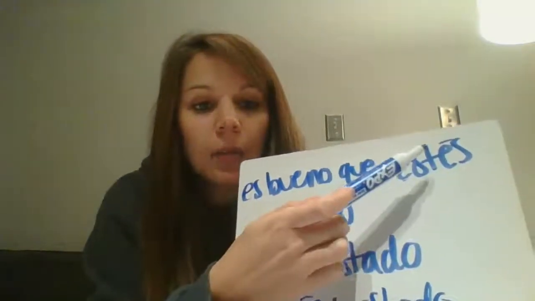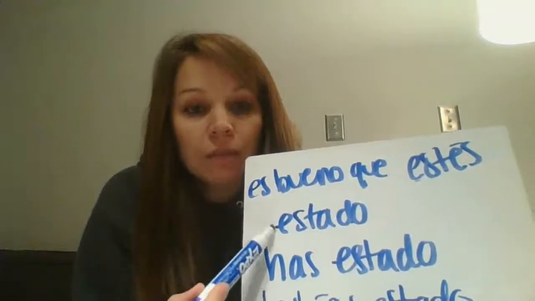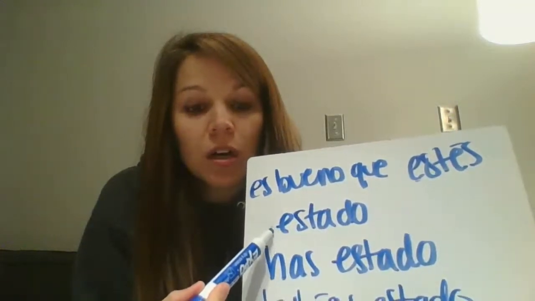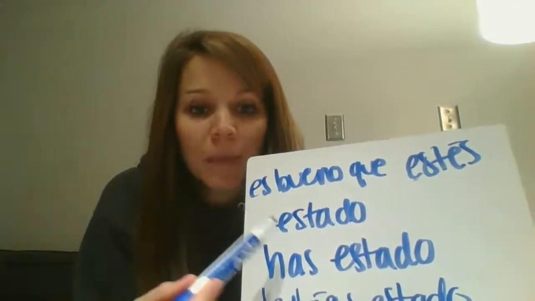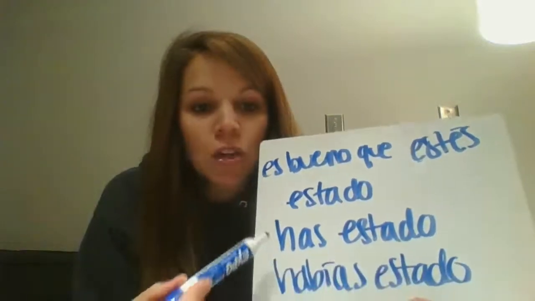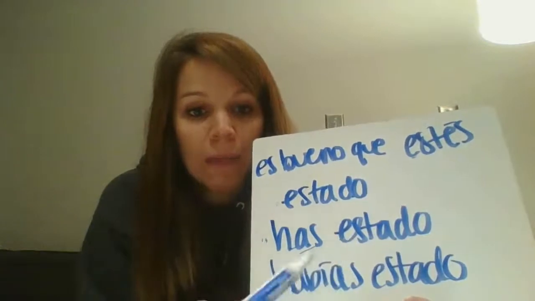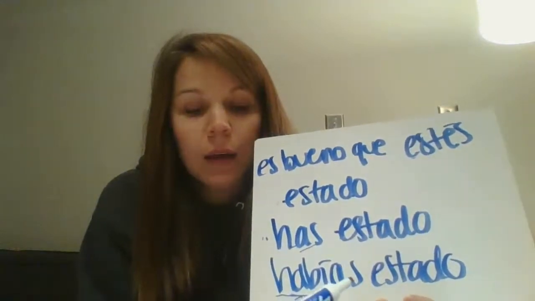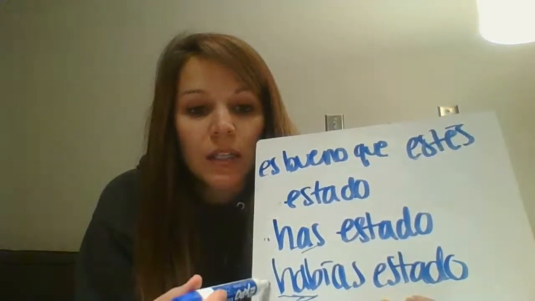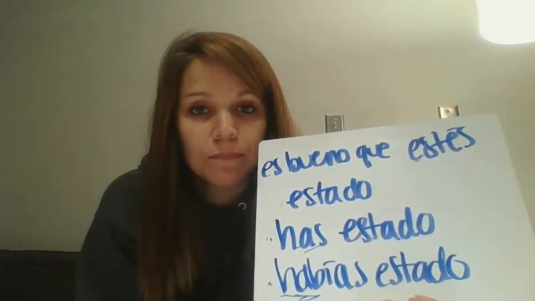So we want this guy up there. Estado. So the ado-ido form of estar is estado, and that word means been. So this is you have, that's the has, been. This is you had been, okay, using the past tense form of has. Okay, so that's the start.